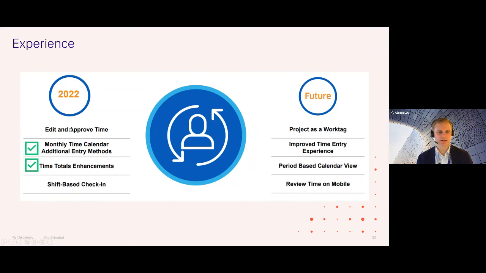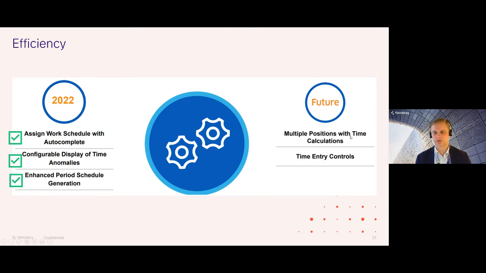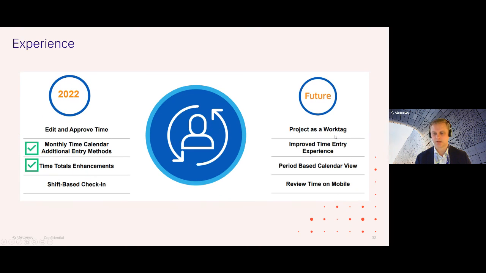This edit and approve more or less happens in the same window, so that looks quite cool. Then also having project as a work tag and not strictly as a project time entry. I see this as a very good idea. It has been a bit inflexible now, I would say, with using projects.